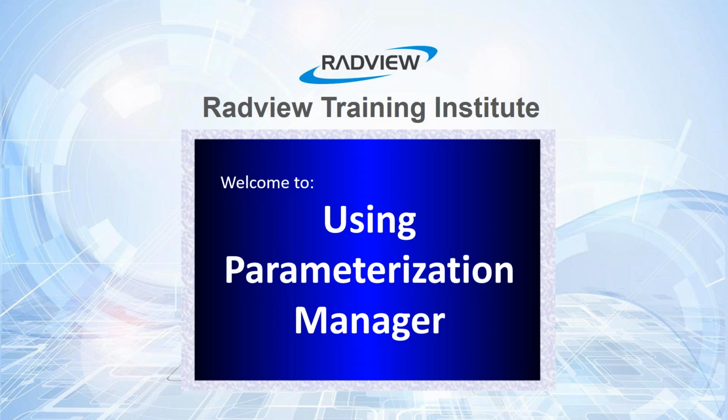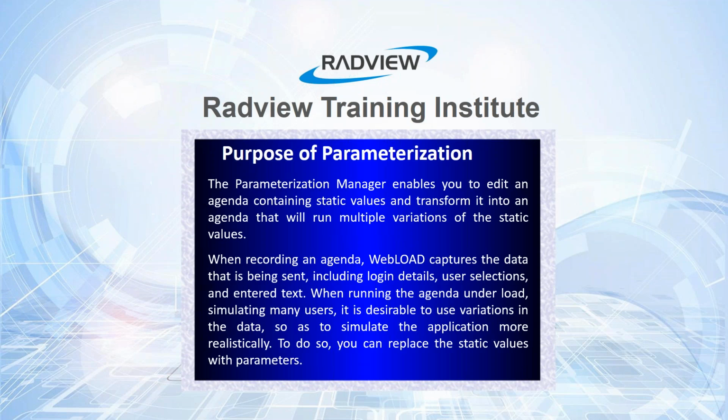What the Parameterization Manager does is it allows you to substitute input information into the script that will provide for different values being used during the load session. Some of the typical static or recorded values that clients prefer to parameterize are things like the login user ID and password, user selection options.